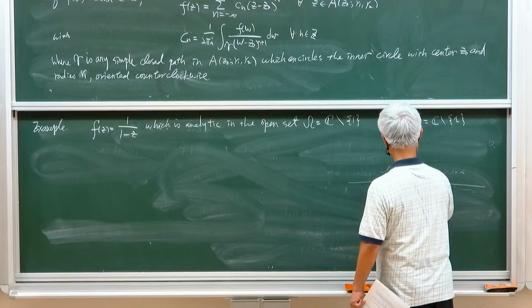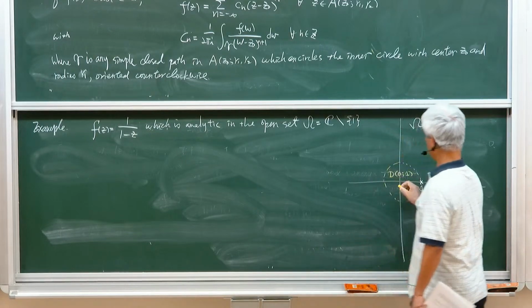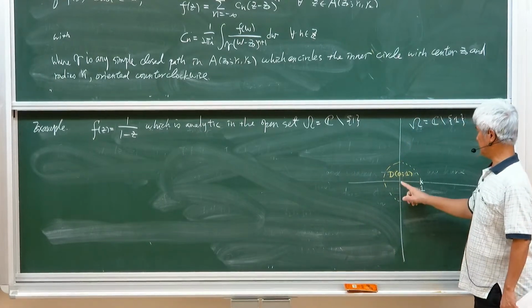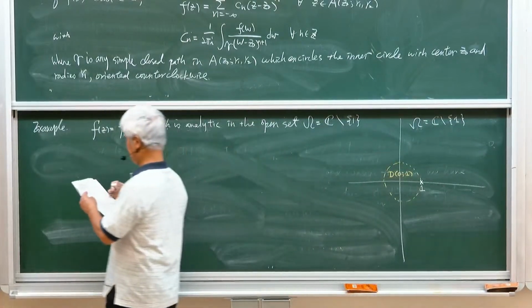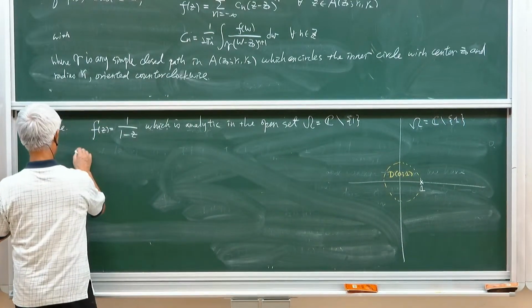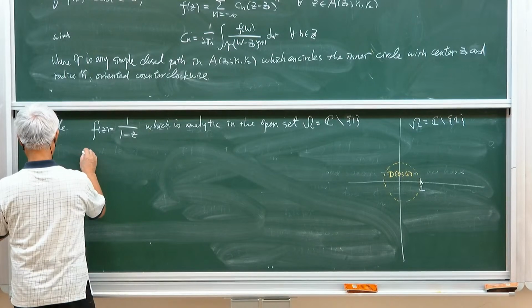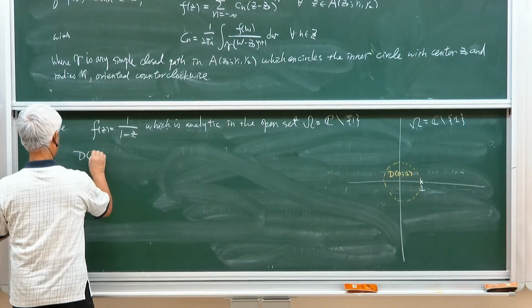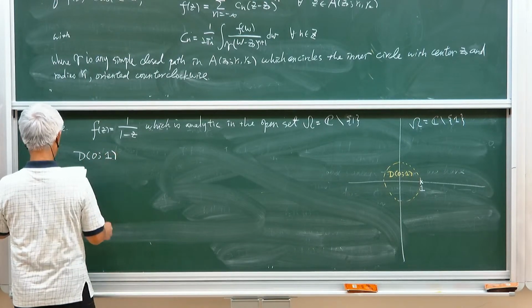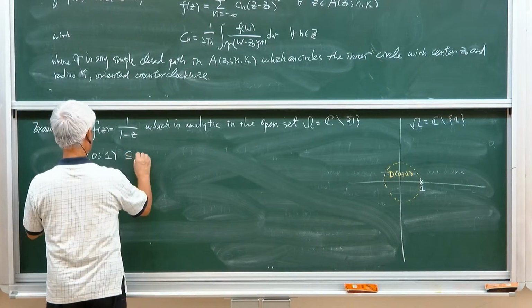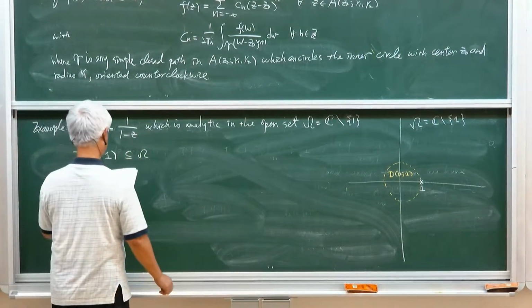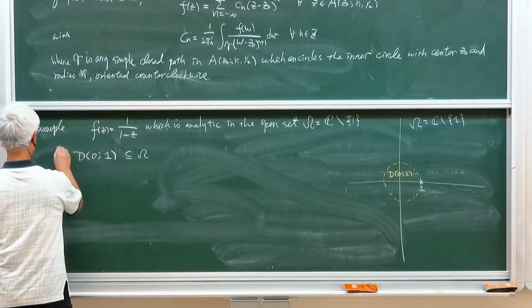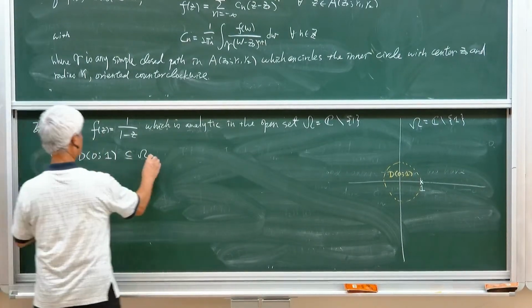So the center is 0, the origin, and the radius is 1. Now we know this open disk is contained in omega, in the domain of differentiability.